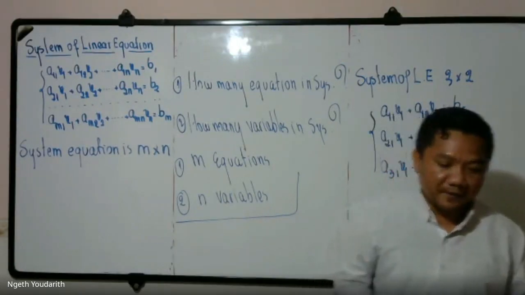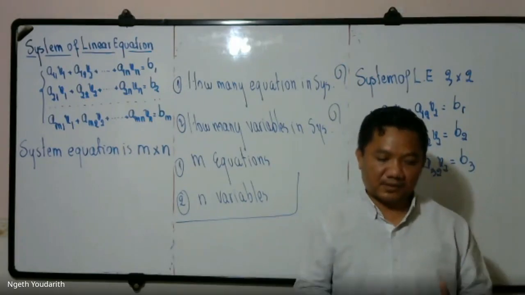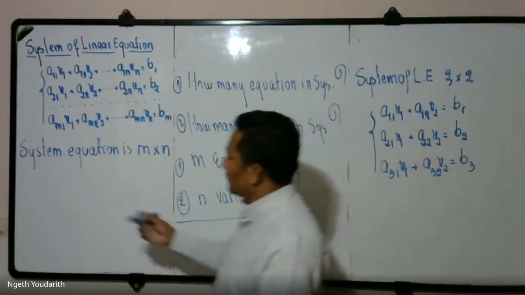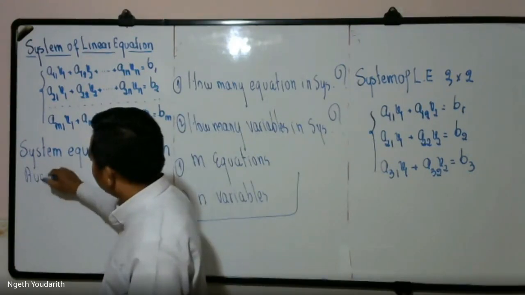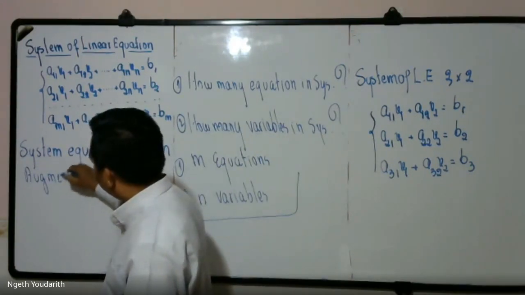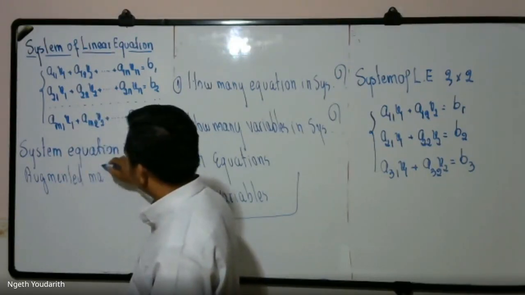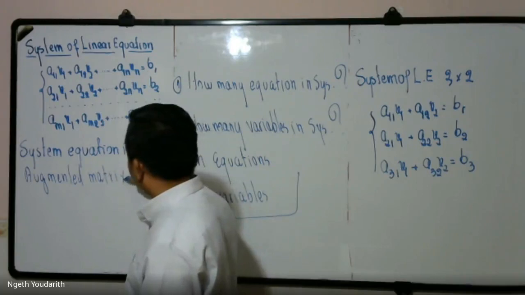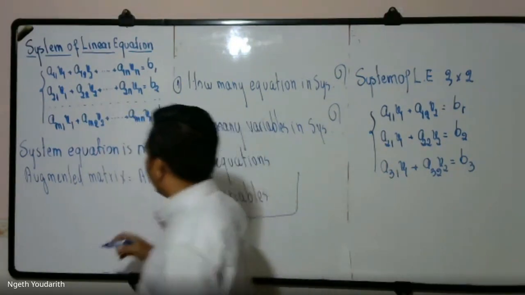Is that right? So we call it the augmented matrix. We can write Am.